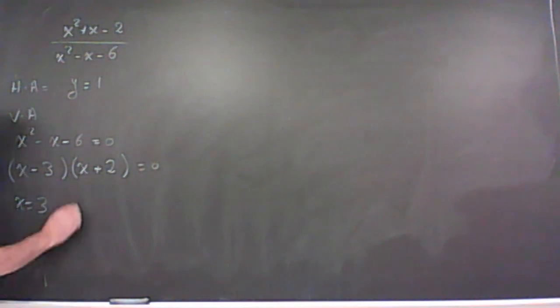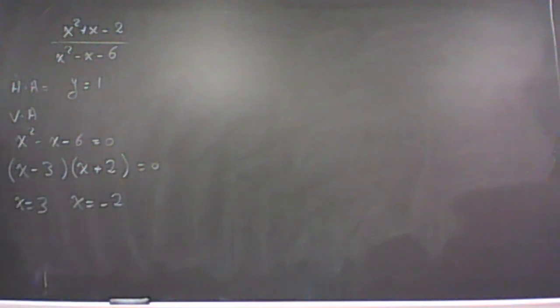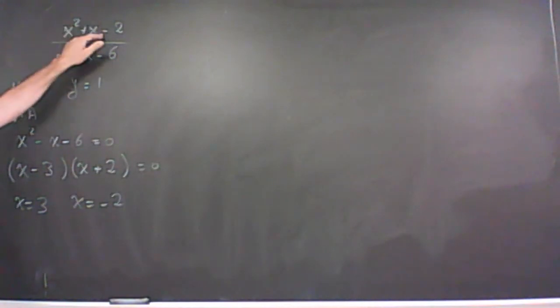So now we have two possibilities for zeros. First possibility is x equals 3. What's the second possibility? x equals negative 2. Are both of these asymptotes? Let's check. I'm going to check 3 in the numerator: 9 plus 3 is 12, 12 take away 2 is 10.